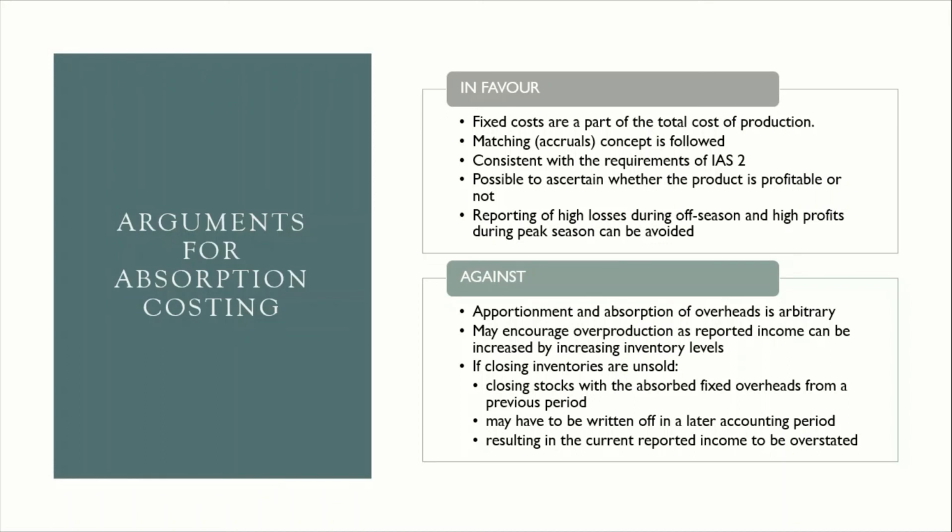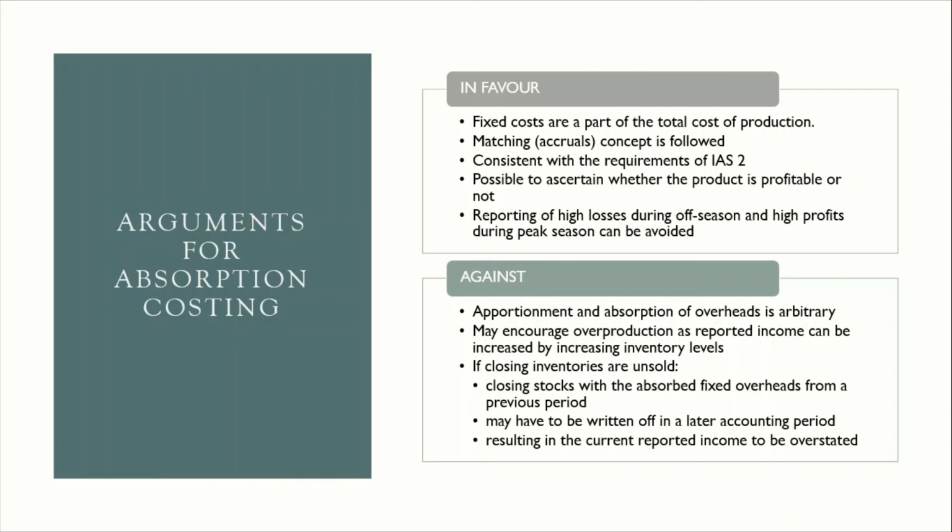Lastly, reporting of high losses during off-season and high profit during peak season can be avoided. So you can see the actual result and prevent fluctuation between the off and on season.